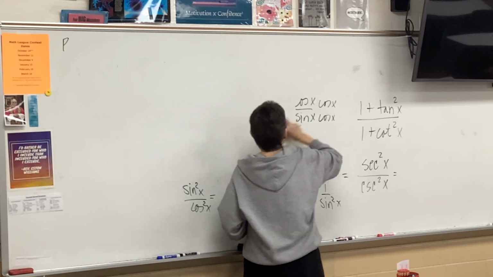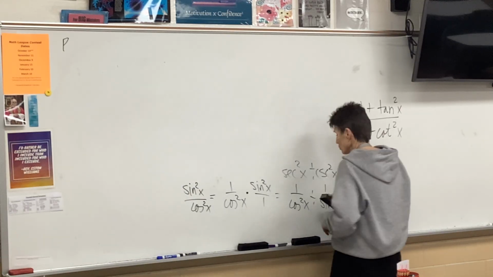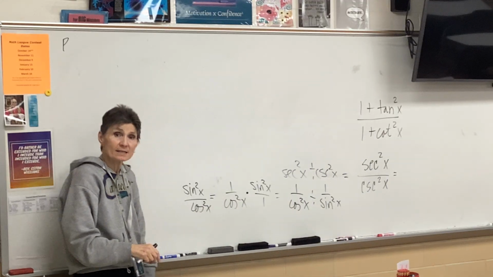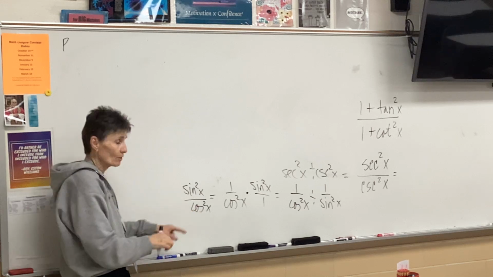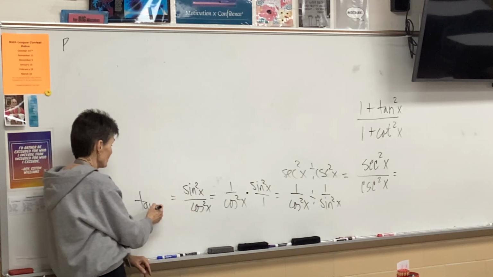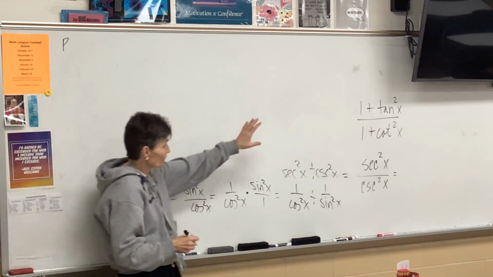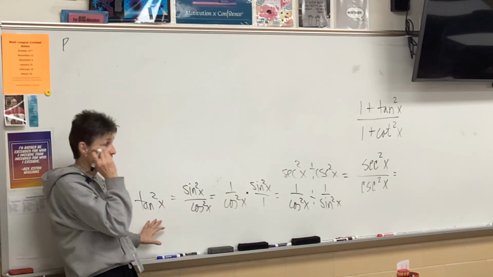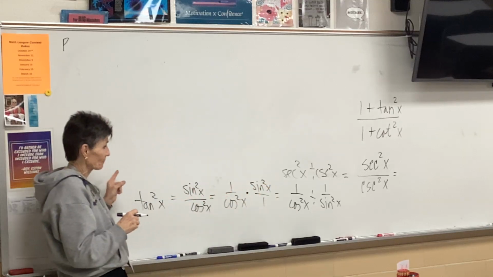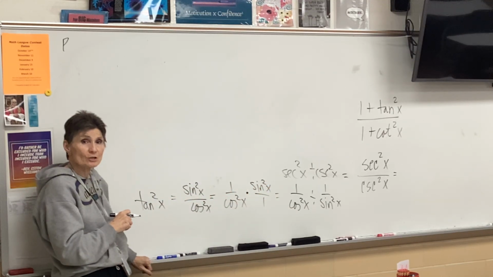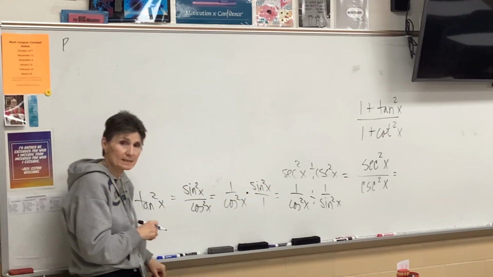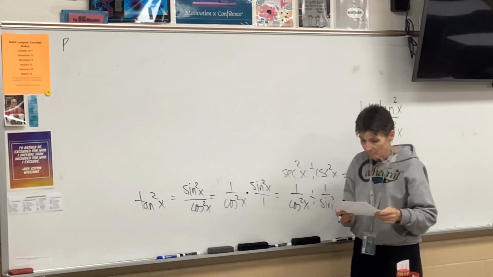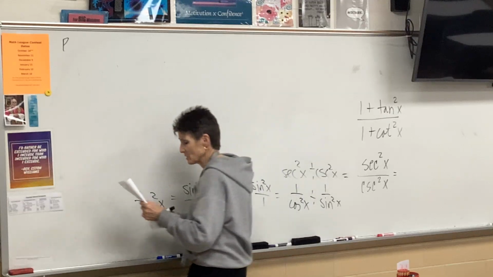What is sine over cosine? Sine over cosine is tangent. It's squared, so this is tangent squared. So that original problem boiled down to tangent squared. It's a little harder than some of the others. We've practiced it. All right, how about number 16?